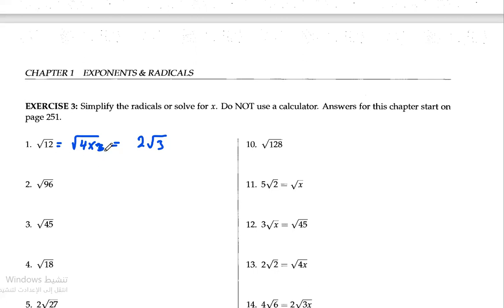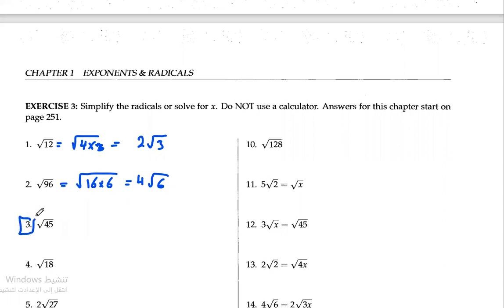We simplify, we write it in another way. Also 96, we can write it as 16 times 6. This number goes out. What is the square root of 16? It is 4, and square root of 6. We can write it another way.